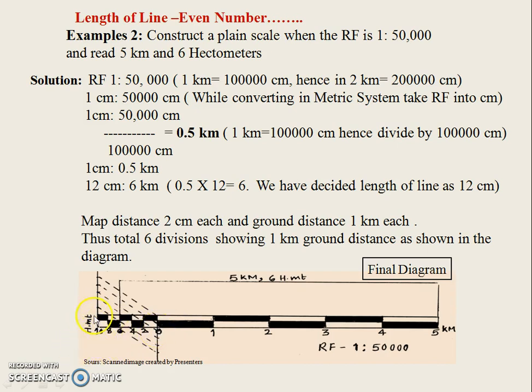Now, it cannot be drawn easily with the help of a ruler. Hence, divide secondary divisions by taking 90-degree angle at both the points of the secondary divisions and you get parts at the secondary level. Now show the distance 5 km and 6 hectometer. 5 km at the primary level and 6 hectometer at the secondary level. Give alternate shading.